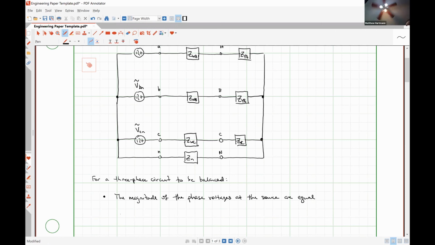So this would explicitly mean then that the magnitude of VAN is equal to the magnitude of VBN is equal to the magnitude of VCN in our system.